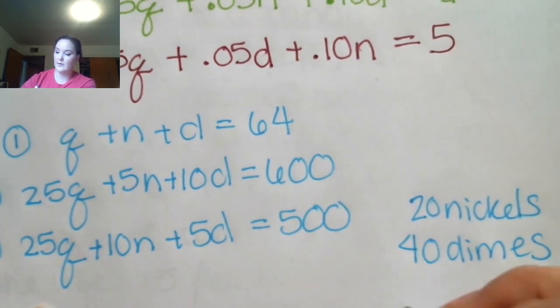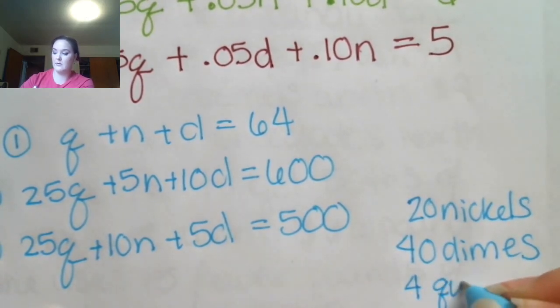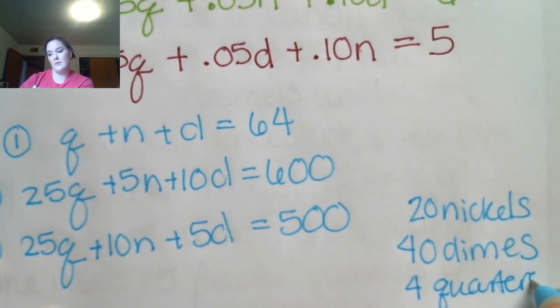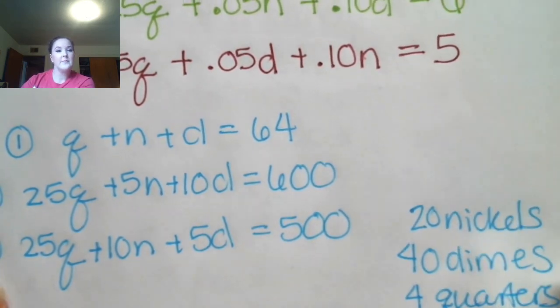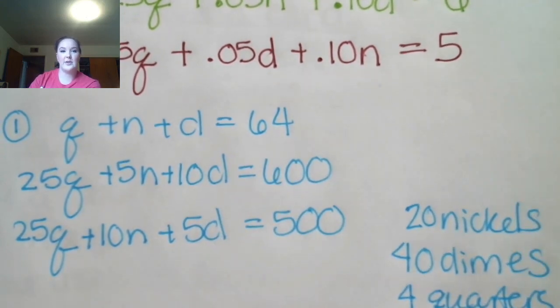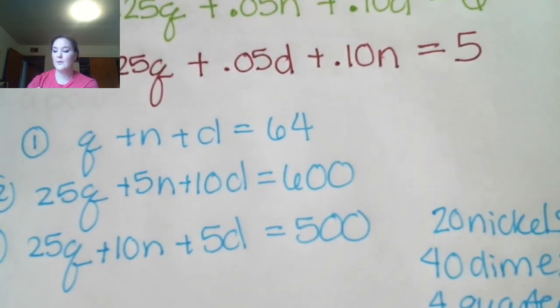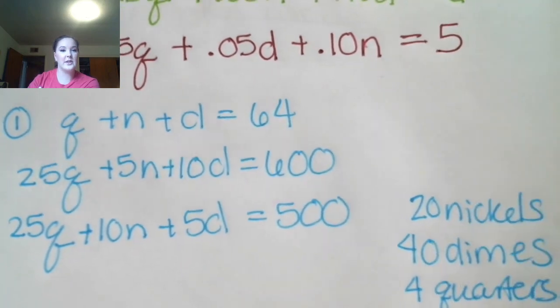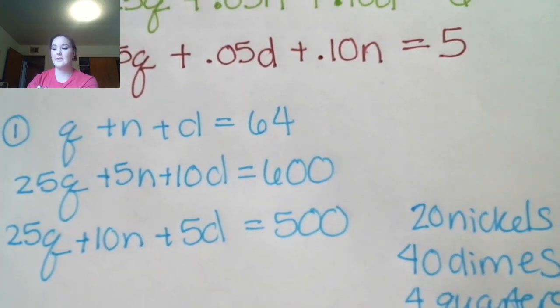So this would make 60 coins, there's only 4 quarters. If you are practicing this at home, this is the answer that you should get. If you have any questions about that, or if you can't get that answer, feel free to email me or to ask me in class.